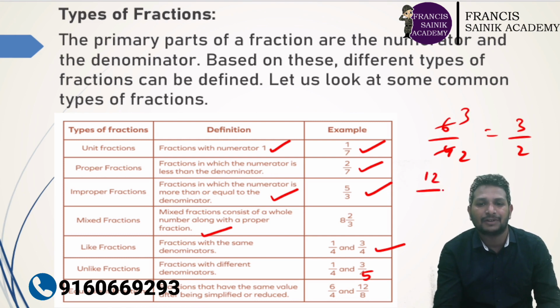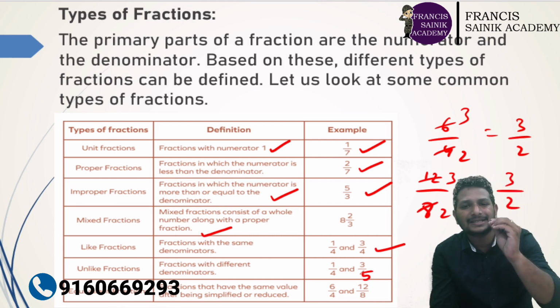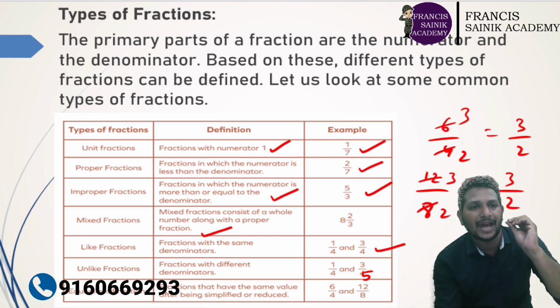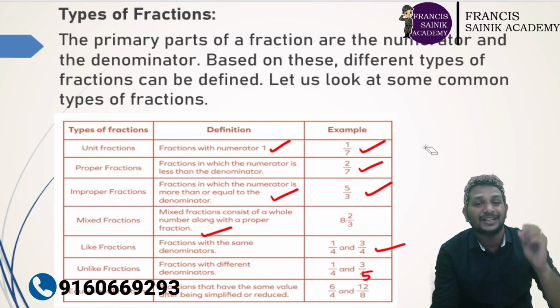Same thing happens for 12 by 8, 4 3s, 4 2s. So even if I simplify 6 by 4, I get 3 by 2, and even if I simplify 12 by 8, I also get 3 by 2.